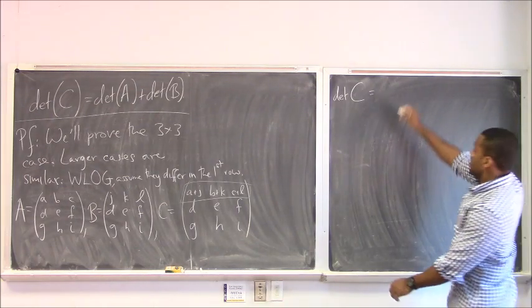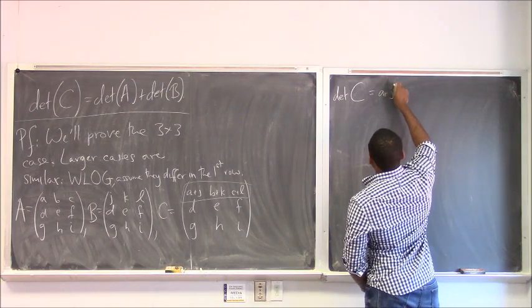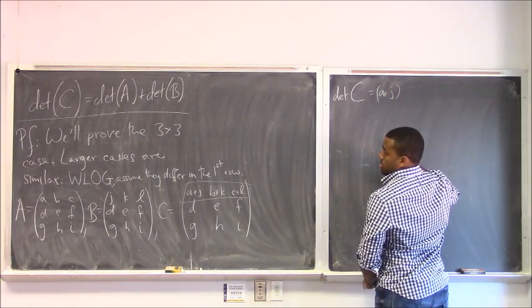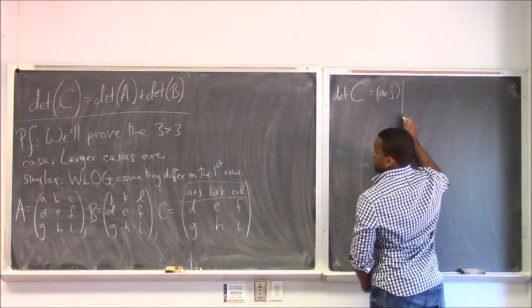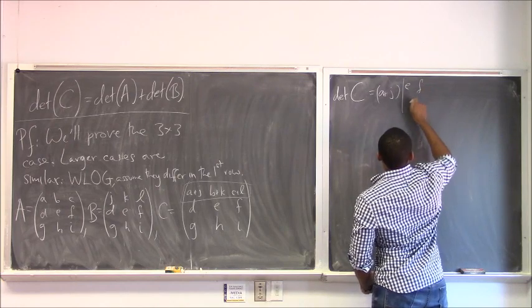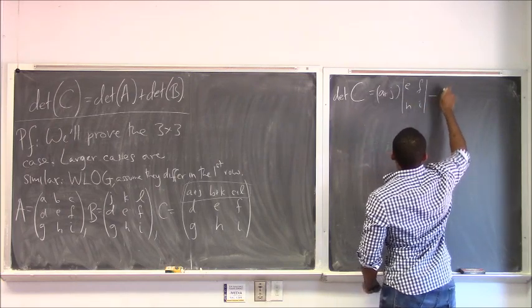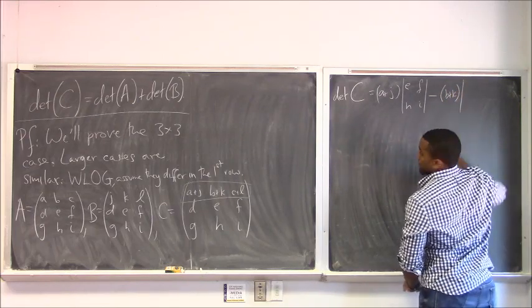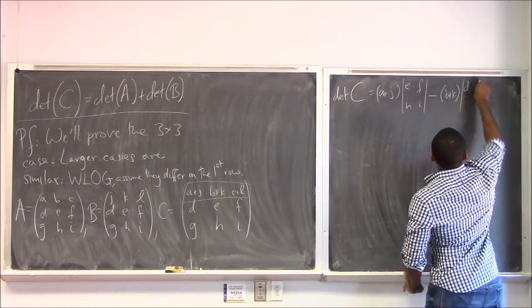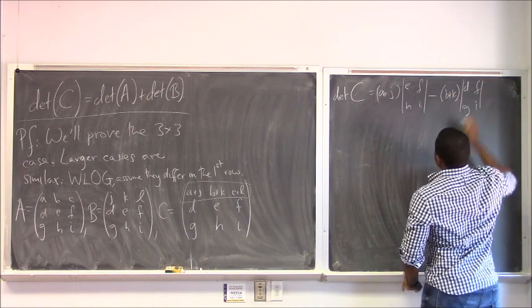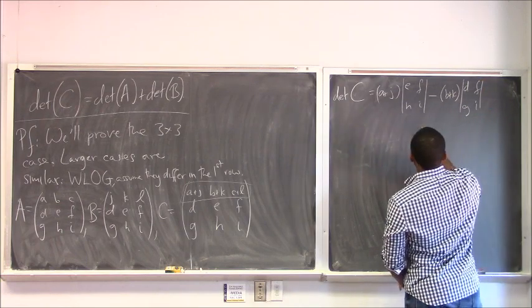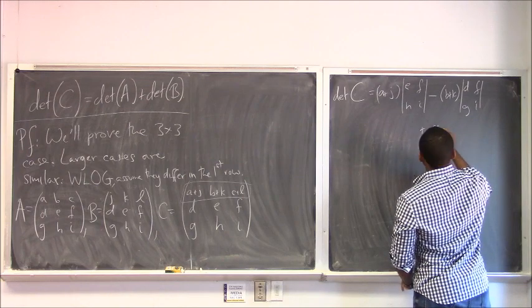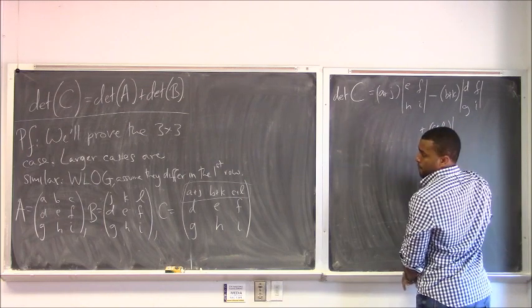Positive (A plus J) times the determinant of [E F; H I], minus (B plus K) times the determinant of [D F; G I], plus (C plus L) times the determinant of [D E; G H].